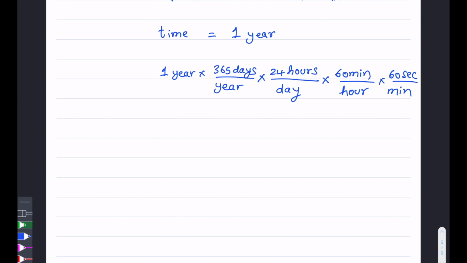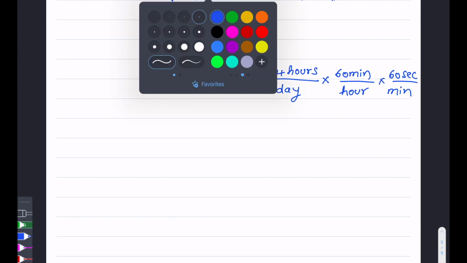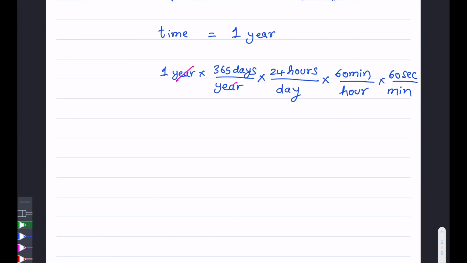If you write it in this fashion, then the units cancel out: years, days, hours, minutes cancel out, and you will be left with 365 into 24 into 60 into 60, all of that in seconds.